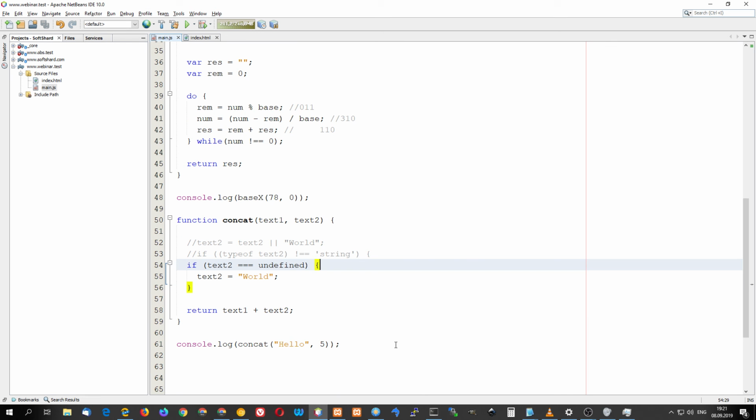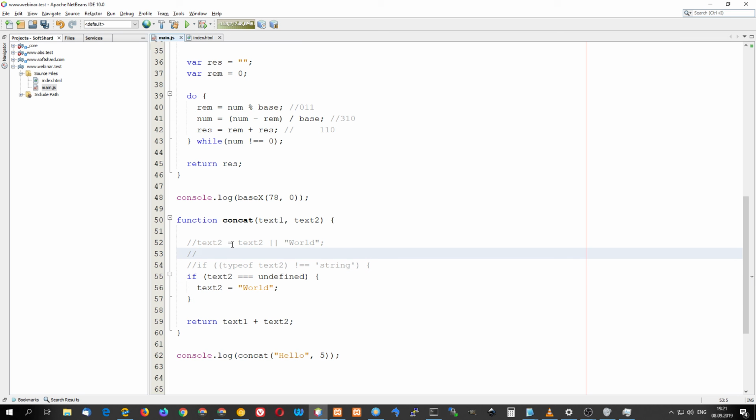The type coercion, as I've explained in one of the previous webinars, can cause certain issues. You really have to know what you're doing and what the consequences are. This doesn't say if text2 isn't passed to the function, let's set it to world.